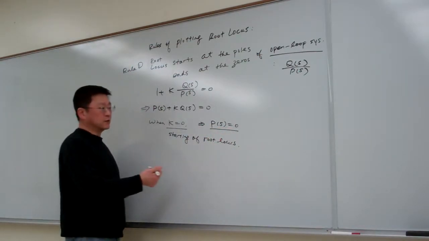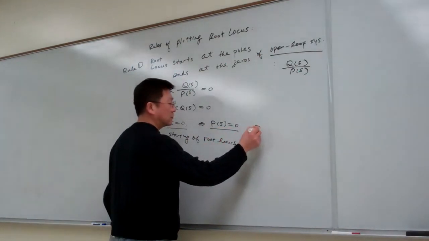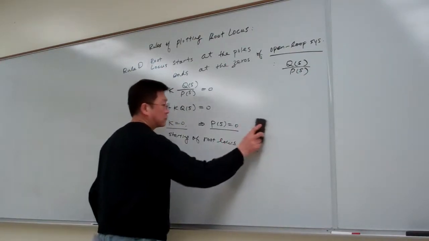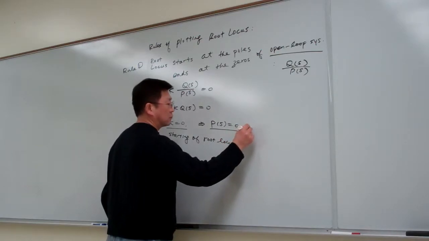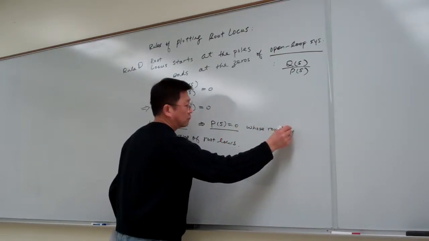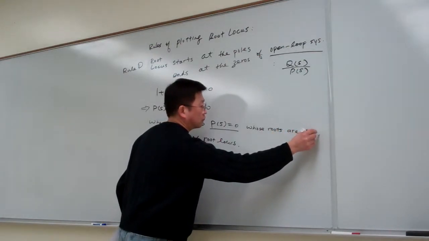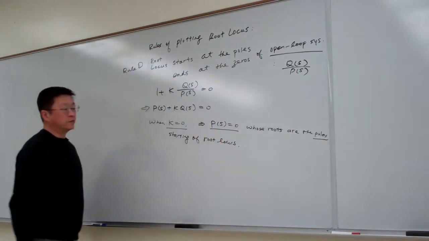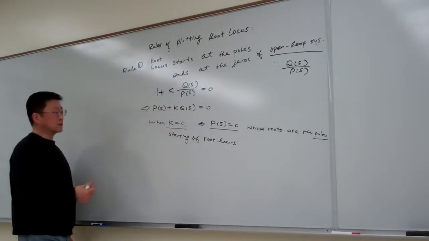So the root locus starts at the roots of P(S) equal to 0. So the roots of the P(S) means the poles of our system.